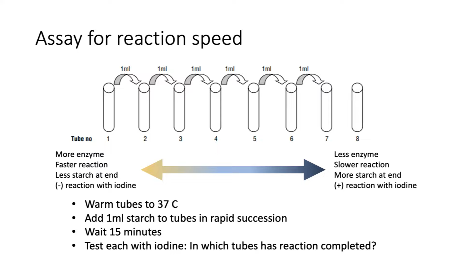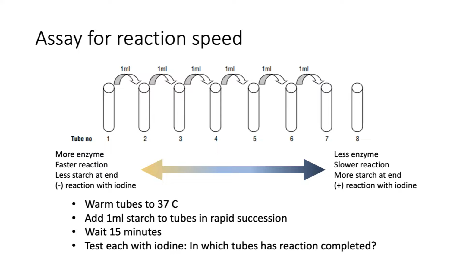So what you will find as you do this is that a number of tubes on the left have turned out a pale yellow color, indicating no reaction with iodine. And then somewhere in the middle, we should hopefully start to see a reaction with iodine.